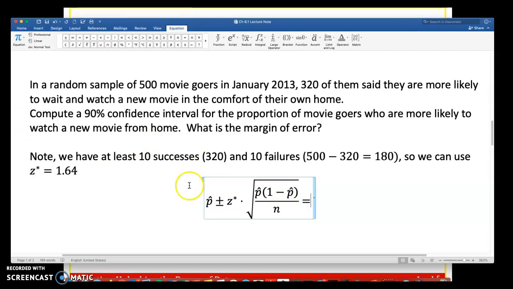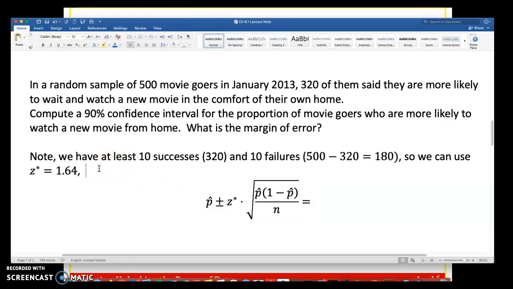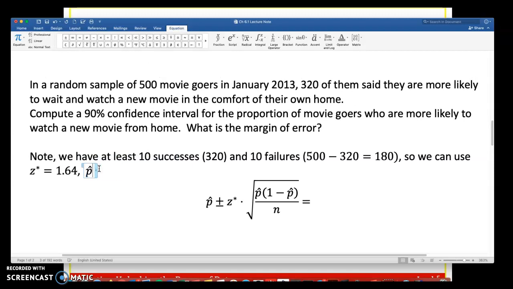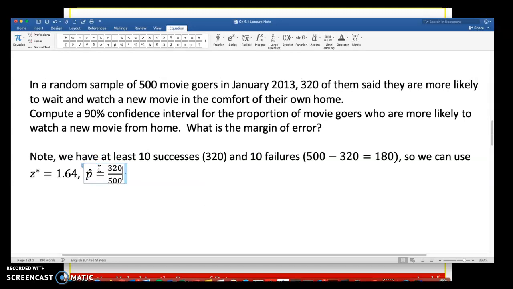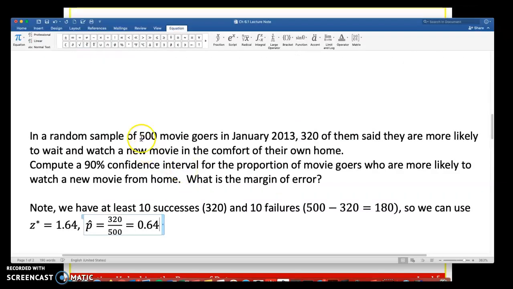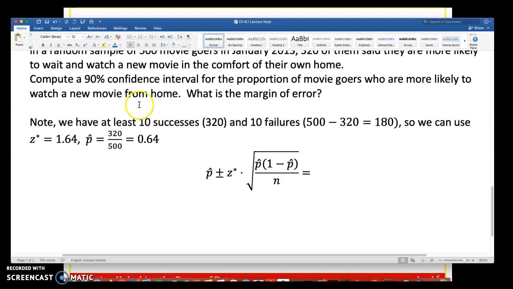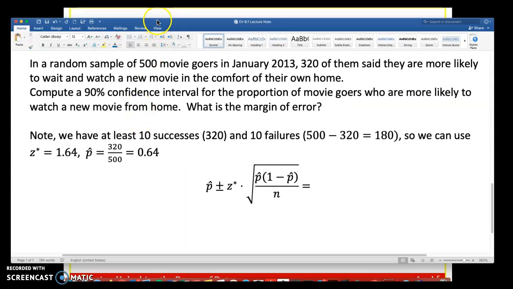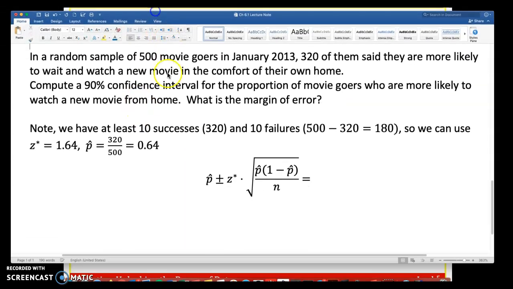For this value, P hat, I'm going to write it up here. P hat is 320 over 500. I'm going to throw that in my calculator to get 0.64. Oops, P hat is 0.64.